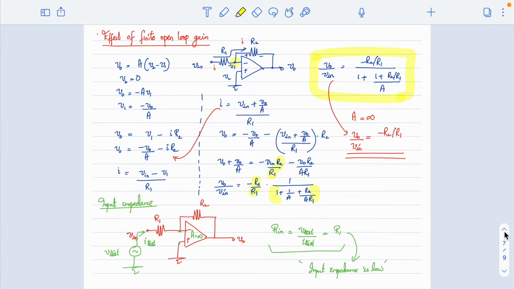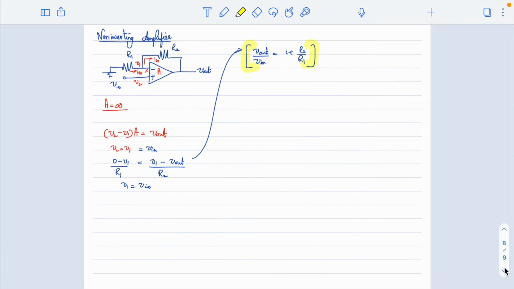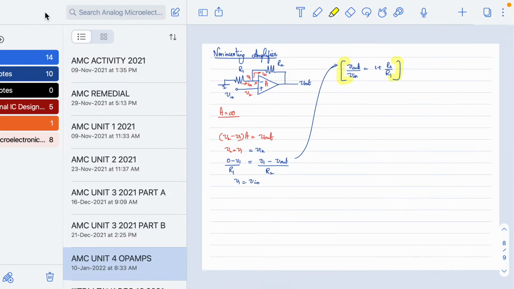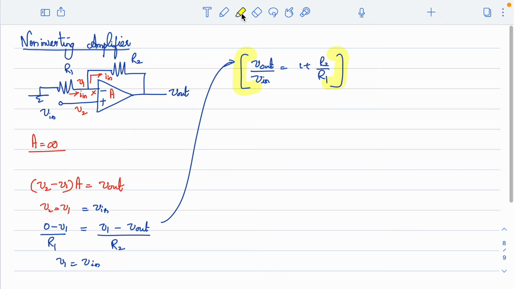Alright. Is this what you are asking? Alright, yeah. So this is your output expression when your gain is infinity.